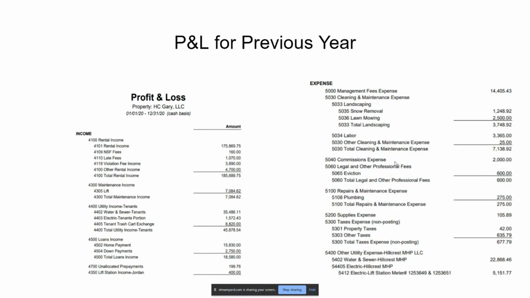We got legal stuff for evictions, stuff that we dealt with the attorneys up there, and supplies and water and all that kind of stuff. So you see over here, the utility expense for water and sewers is 22. The lift station is 51. The reason I bring that up is that's the income, but then you've got all these other things. That's what I was trying to show you.